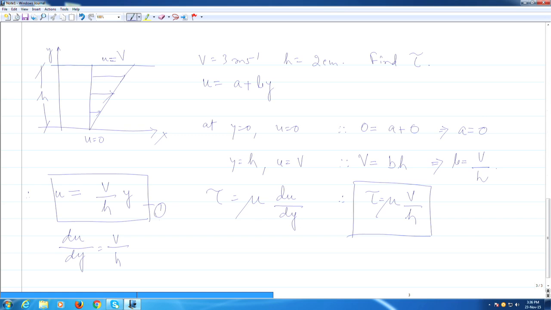Now there's something called Newton's law of friction. This viscosity, we'll come to what exactly it is. We've just said that it's a coefficient of viscosity. What you can understand here is that fluid flow essentially is happening because of viscosity.